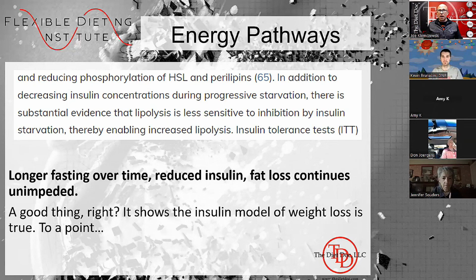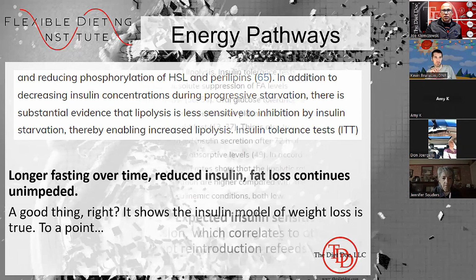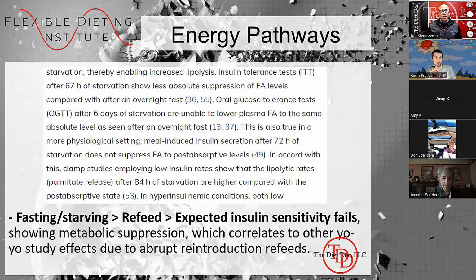Insulin must be the driving factor. This is where the whole insulin model of obesity came into existence. As you guys may know through some of our discussions, that has completely been upended. The insulin model is still an important part of fat loss and health maintenance, but it is absolutely not the driver. Matter of fact, it's almost antithetical to the energy balance model, which we now know to be true. So let's continue. I'll show you over the next couple slides here.